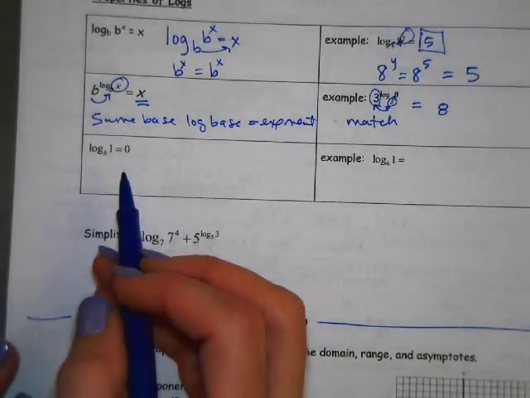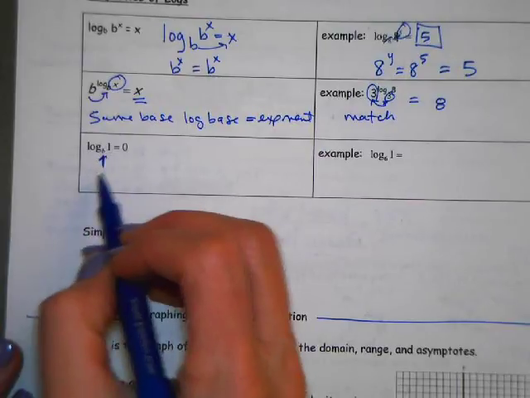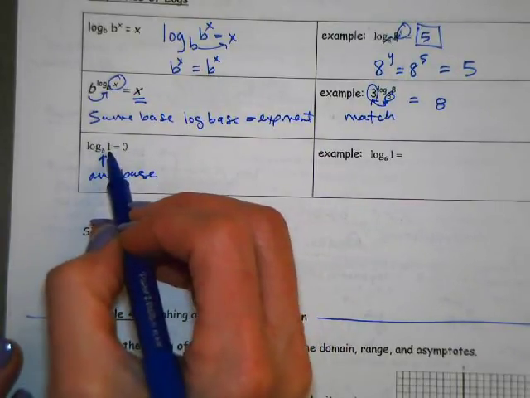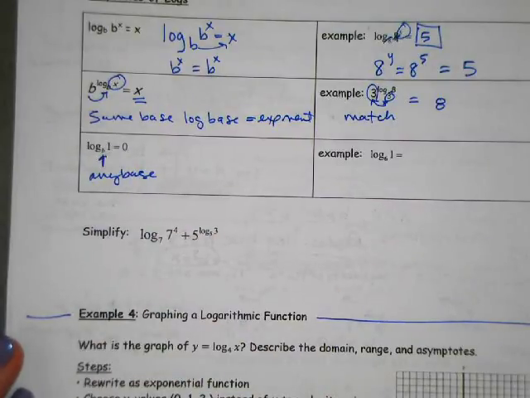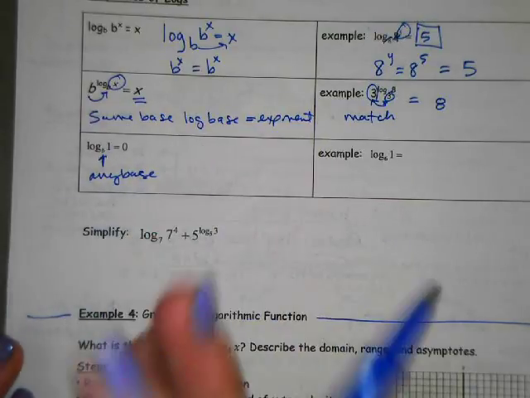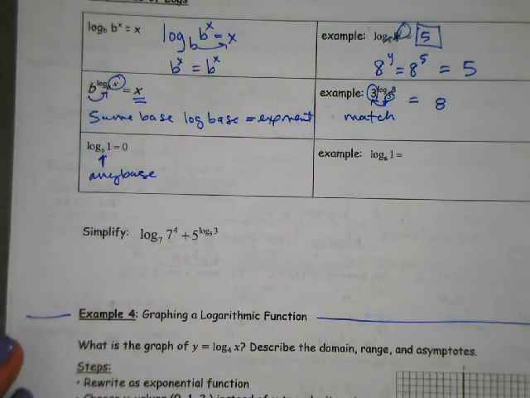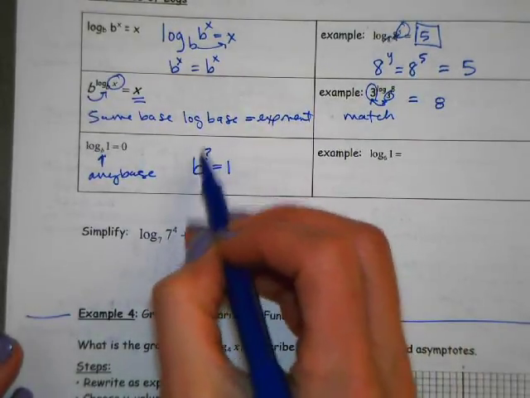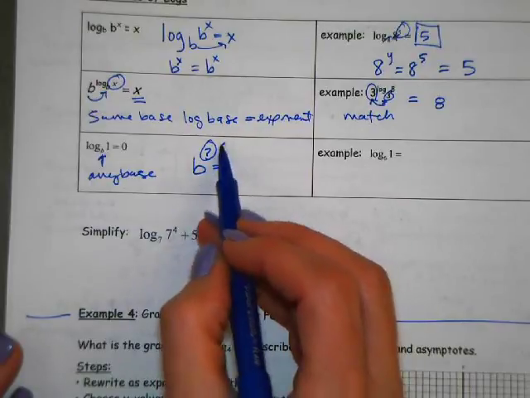On this one, for any base, it doesn't matter what it is, if it evaluates to 1, anything to what power equals 1? No, 0. Anything to the 0 power gives you an answer of 1, right? So this is like saying b to the what gives me 1. Well, anything raised to the 0 power gives me 1.